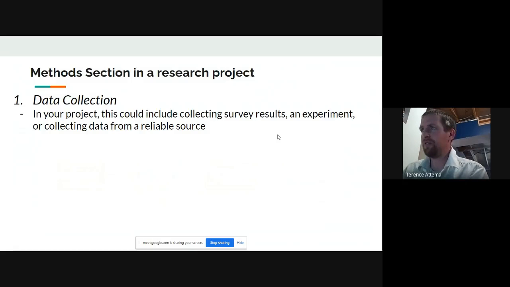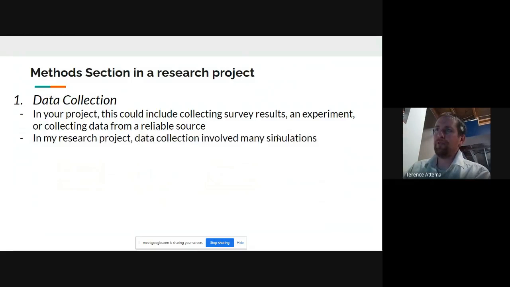You started with a research question, and now you're trying to collect data to answer it. Hopefully that's where you're at at the very least, and some of you might be further. That's great. I don't think anyone's doing an experiment, but that's another way you can collect data if it's possible.